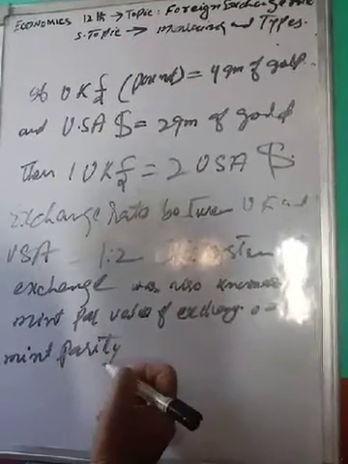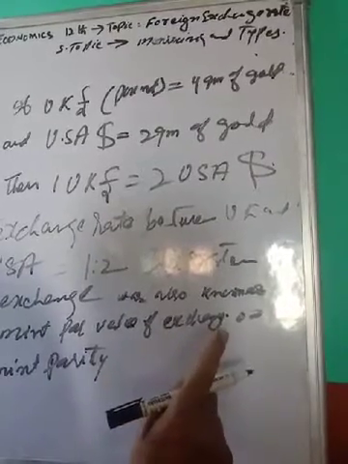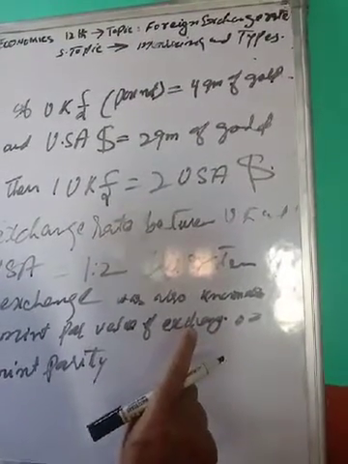Mint value of currency implied the gold value of that currency.